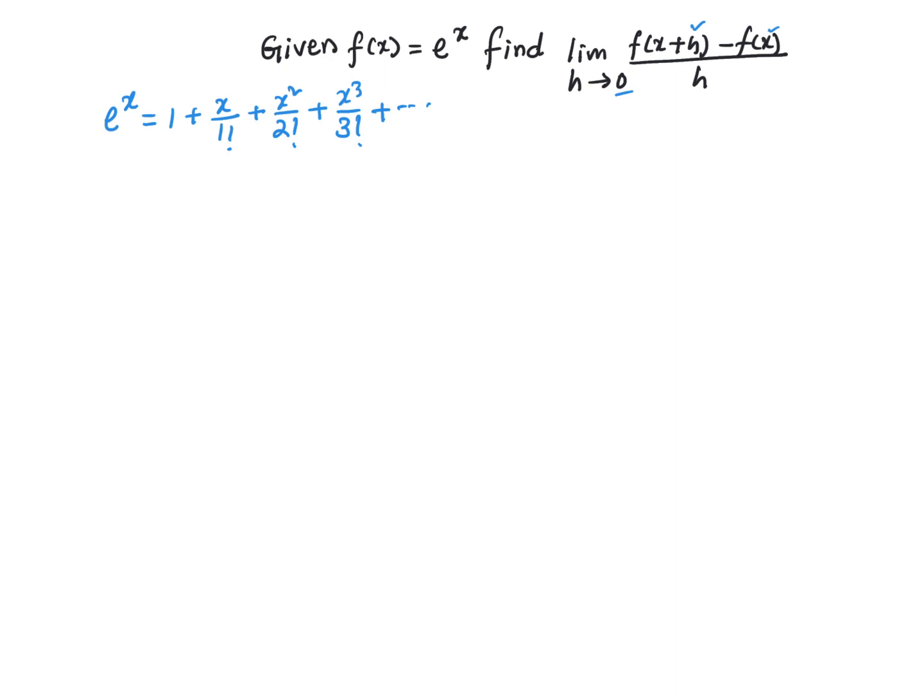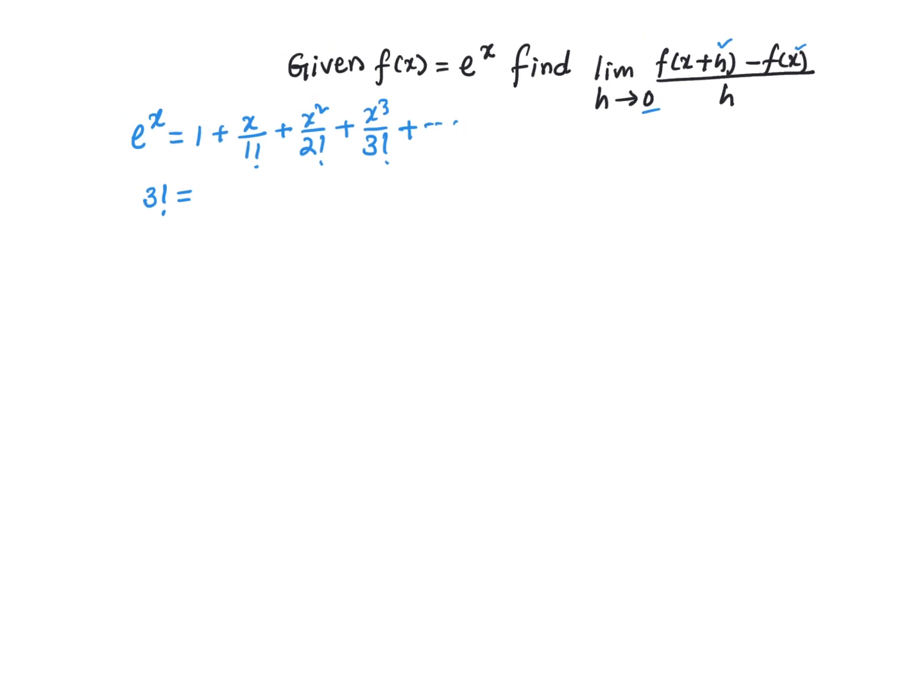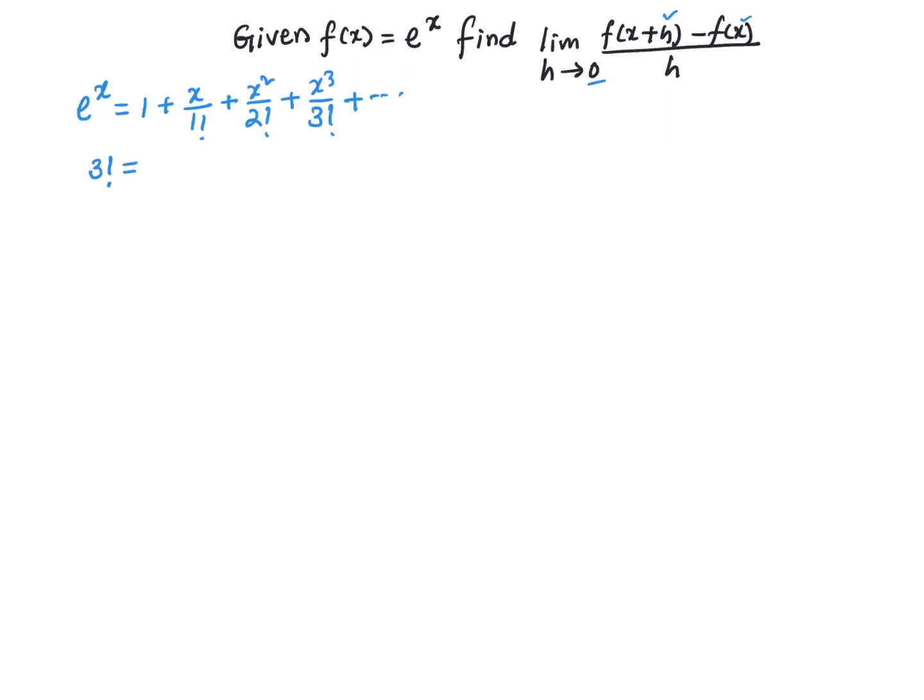So what is factorial? Let me give you an example. Let's say 3 factorial, 3 with an exclamation sign. In mathematics, it's read 3 factorial, which means it's equal to 3 times 2 times 1, which is 6. Or 4 factorial is 4 times 3 times 2 times 1, or 24.